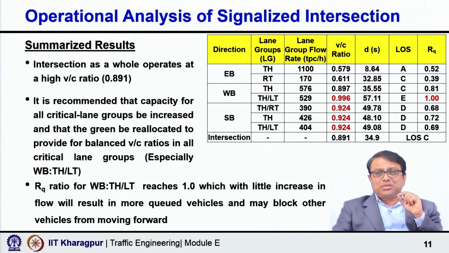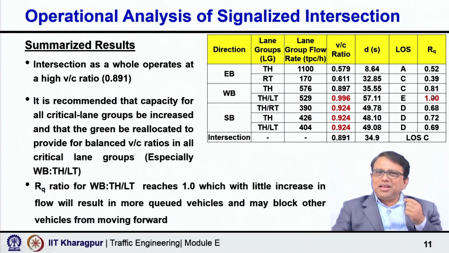So, even some slight fluctuations in the demand may cause this V by C ratio to be more than 1. Also, if you see the Q storage ratio, in all other cases it is quite acceptable, but for westbound through and left shared lane it is 1.